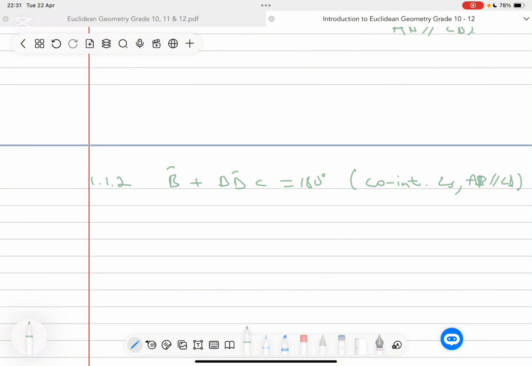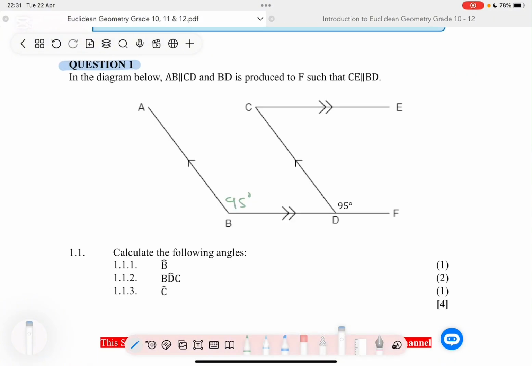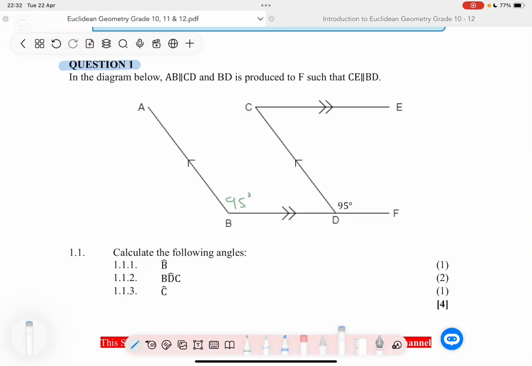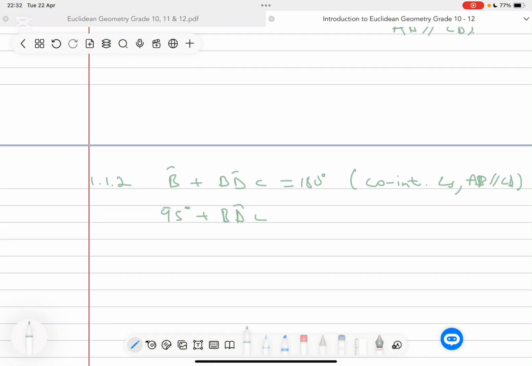And I can then substitute my angle B, which I know is 95. We just calculated that. So this will be 95 degrees plus angle BDC, which is what we are looking for, equal to 180 degrees. Now from here, this question becomes very boring, because we are going to transpose the 95 so that it goes that side.